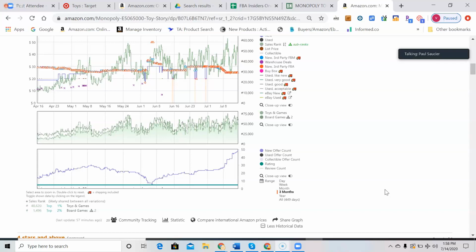So the red triangles on the Keepa graph, guys, that is the current FBA price, and it's been hovering at that $24.99 for the last week or 10 days or so. But you'll notice that price drops simultaneously with the number of sellers that are increasing. So the bottom part there, that blue line, that is increasingly going up, that's that new offer count. So more and more people are getting their hands on this product.